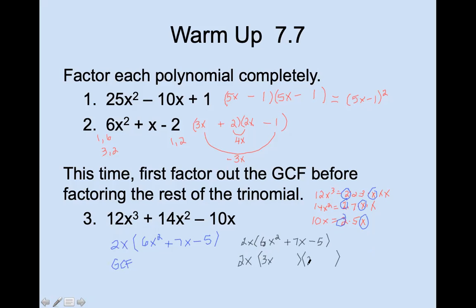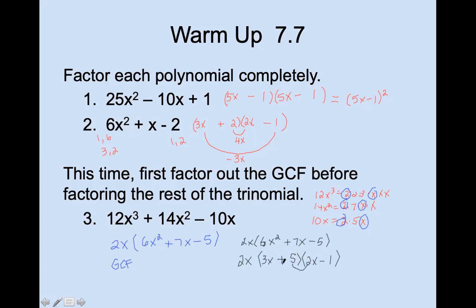And then I am trying to come up with a middle term of 7. So I'm going to put my 5 here and my 1 here, because then I have 10 for the inside, 3 for the outside, and I can get a 7 out of 10 and 3 by making this positive 10x minus 3x.